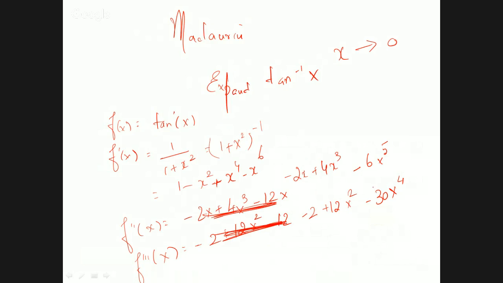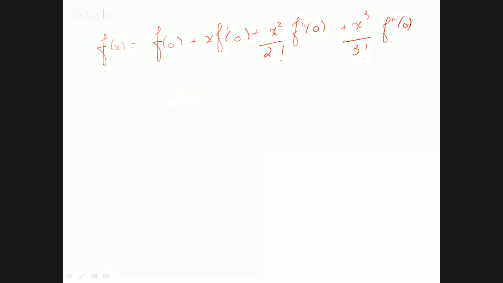So in Maclaurin series, f of x, I will write, f of 0 plus x f dash of 0 plus x square by 2 factorial f double dash of 0 like that, and x cube by 6, 3 factorial, f triple dash of 0. It is third order differentiation.